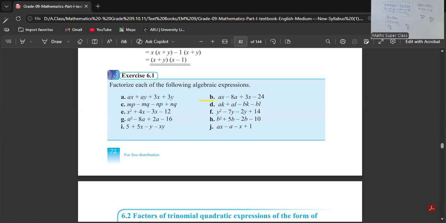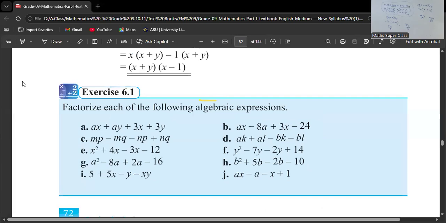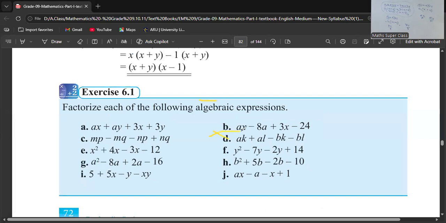This is for you. Please look at the screen very carefully. I'm going to explain. Here is ax minus 8a plus 3x minus 24.